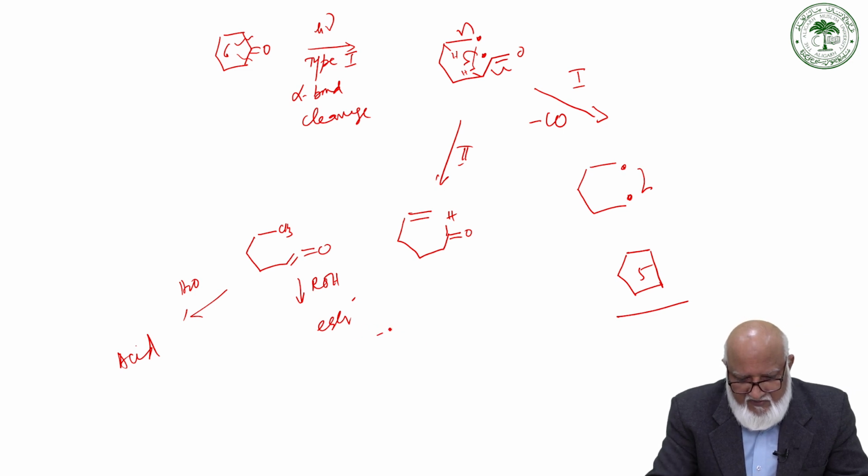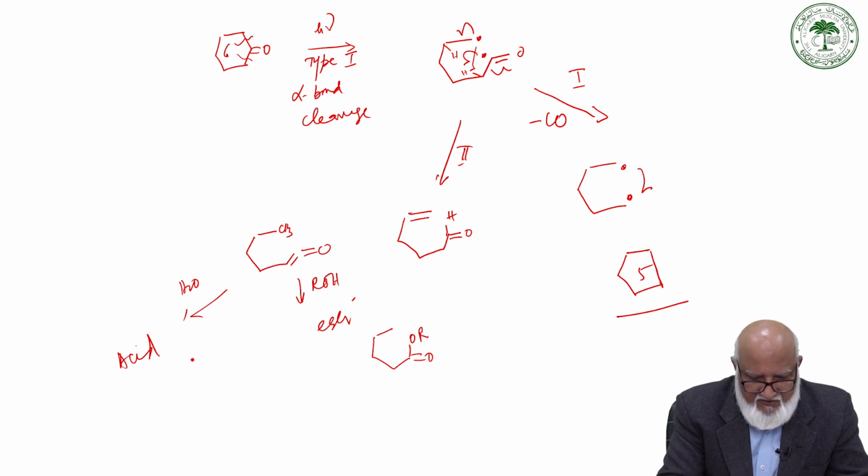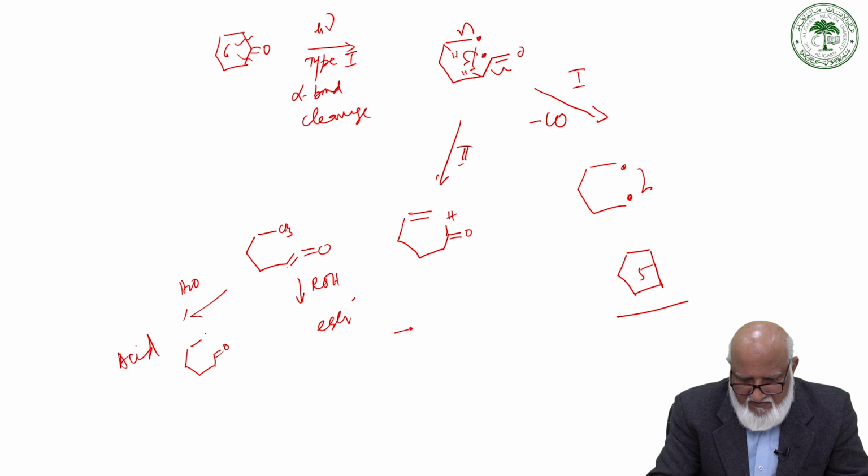So the corresponding ester will be C double bond O, OR, and then this is CH3 of course, and the corresponding acid will be CH3. There should be one more carbon here. So we have this one, OR.